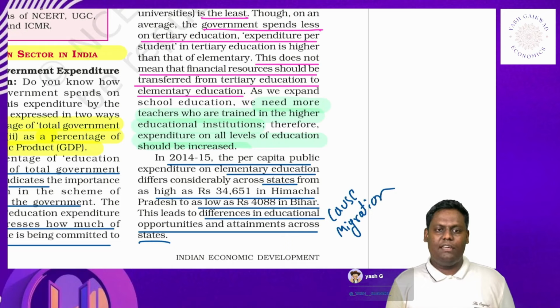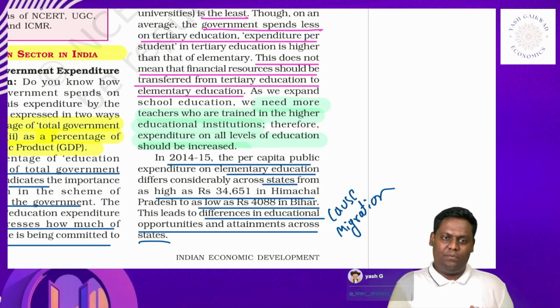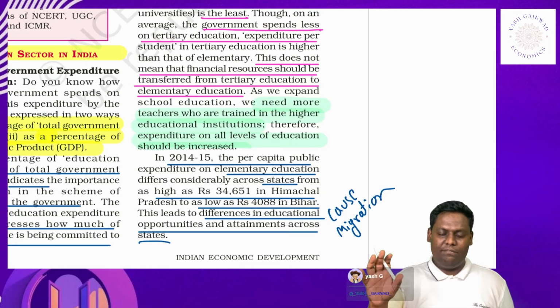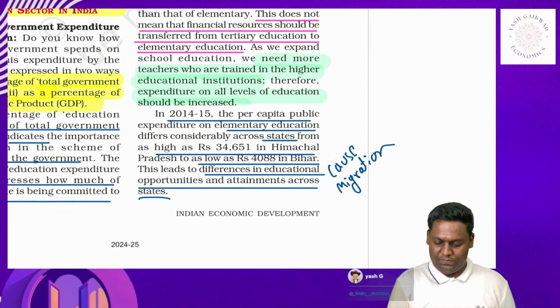However, government expenditure at the university level is not increasing as much as one would expect. Rather, it is declining, as the government is diverting its expenditure from higher education to other projects. At the same time, the money diverted from higher education is not flowing towards primary education, but rather towards other projects.